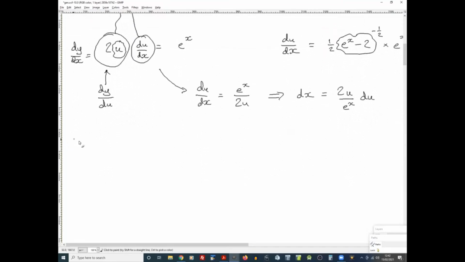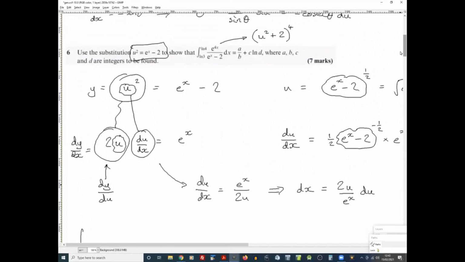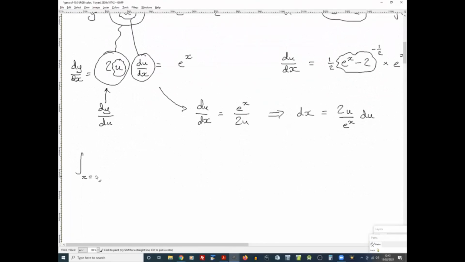Tell you what, I'll write the integral here and write these as x values, log 3 and log 4.